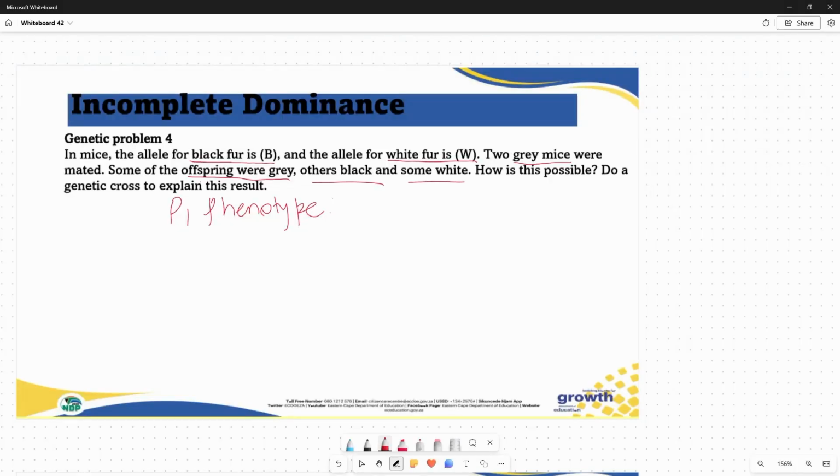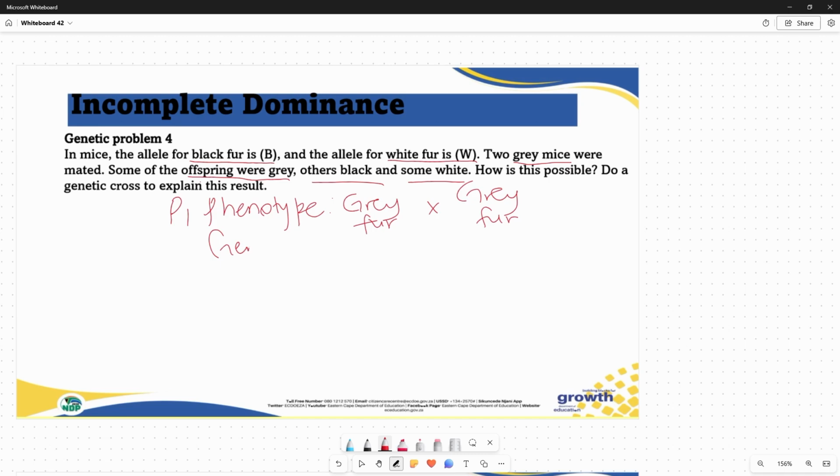Remember, every time you do a genetic cross, you represent P1, you write phenotype. So what is the phenotype of the parents? It is saying 2 gray mice were mated. So it means that we have got gray fur and gray fur. Okay, the keyword there is gray. The mice appear to be gray.